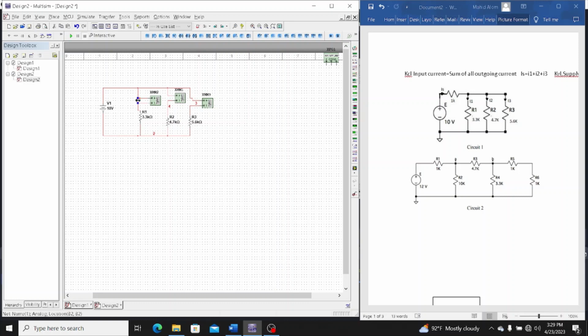And here is our final circuit. Now I am going to run it.